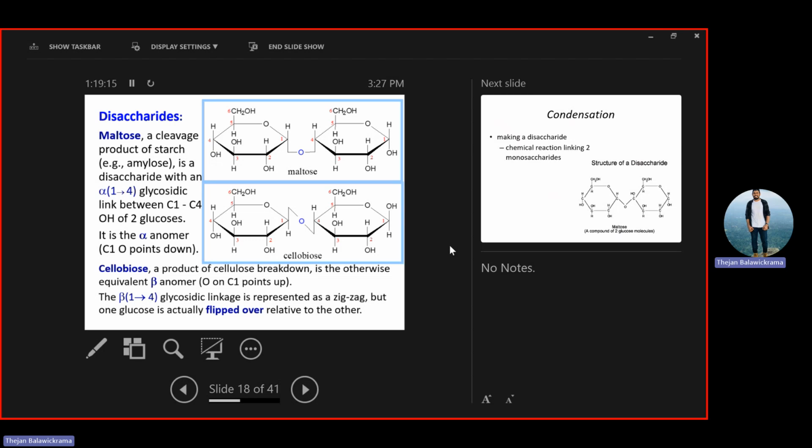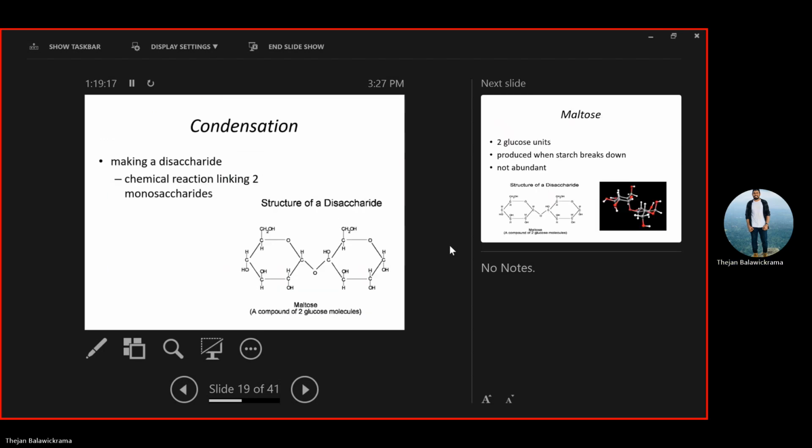Let me show that reaction. The condensation reaction. Right. So this is much more clear, right? This is the link. Maltose molecule. Understood?